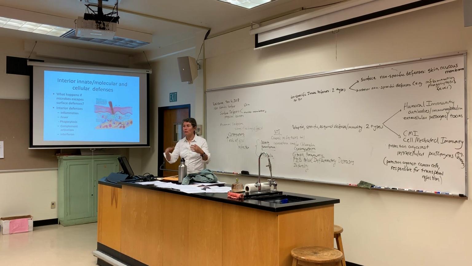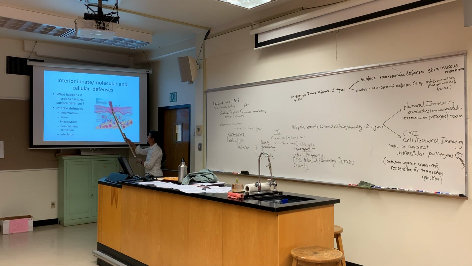So we're going to presume that the pathogens somehow crossed the skin barrier, or crossed the mucous membrane barrier. This could be literally from an accident, some kind of penetrating injury, like in this slide, where a little wood sliver has pierced the skin, introducing bacteria into deeper tissues.